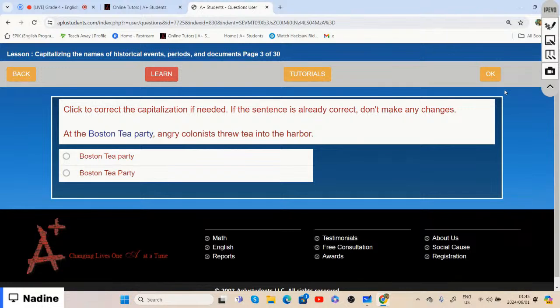At the Boston Tea Party, angry colonists threw tea into the harbor.